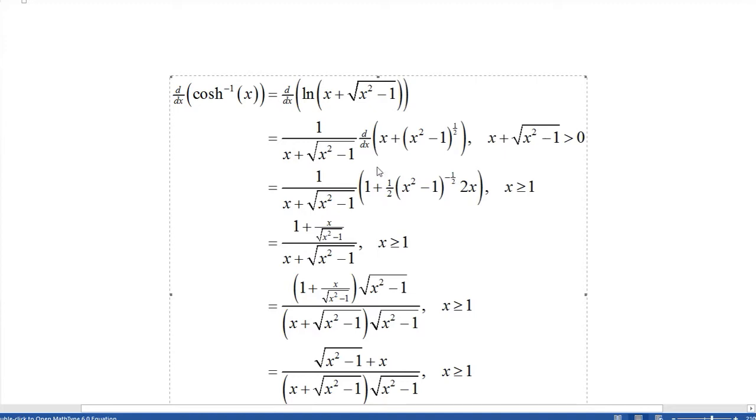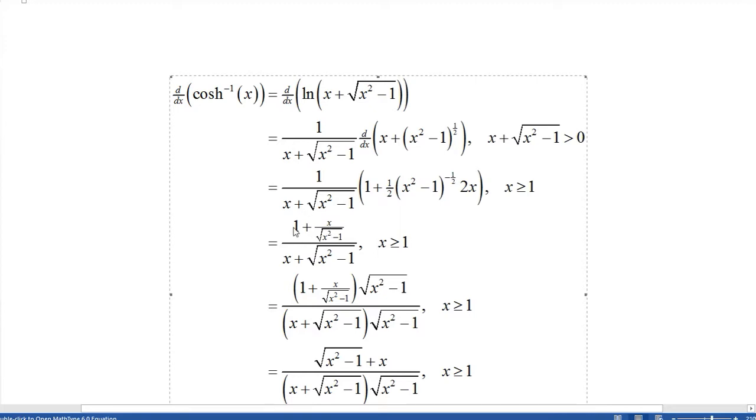Now the derivative here, let's see, the derivative of x is 1. This is like w to the 1/2, so it's 1/2 w to the negative 1/2 times the derivative of w. The derivative of the inside part is 2x. The 2's cancel here, the x goes to the numerator, and then this becomes the square root of x squared minus 1 in the denominator, the 1 plus all that.